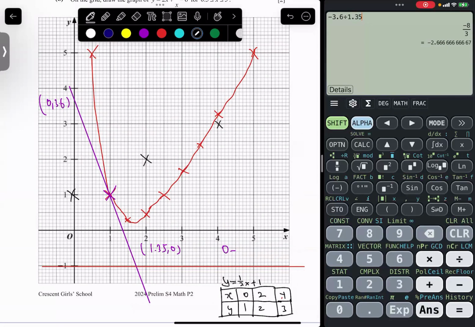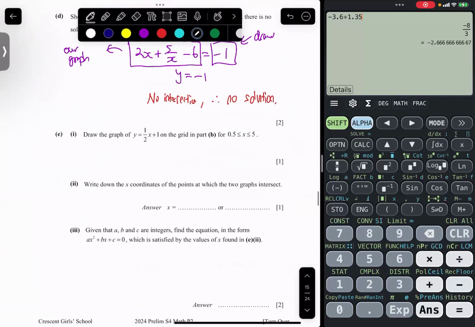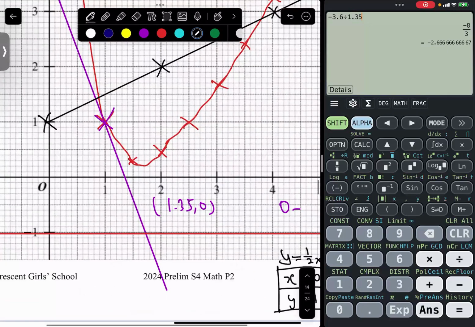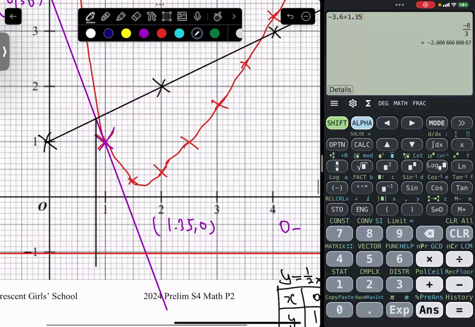Okay, so draw a line, cutting through. Then look for the points of intersection, the x coordinate where the two graphs intersect. This one will be over here, and this one will be over here.